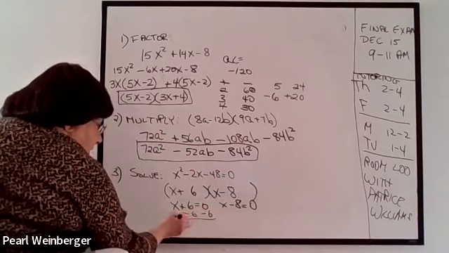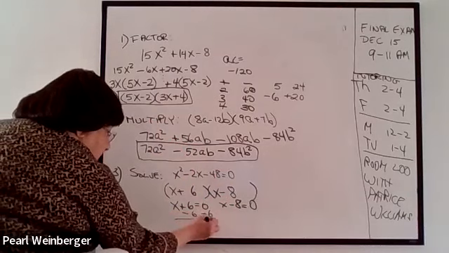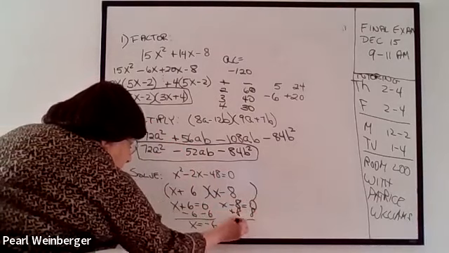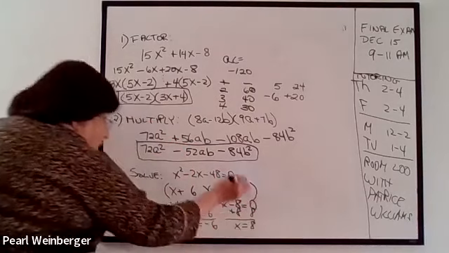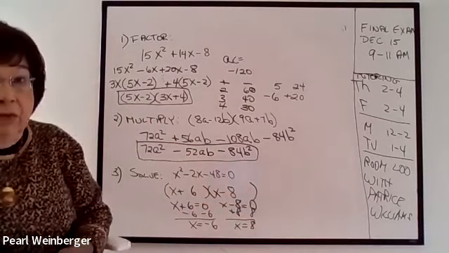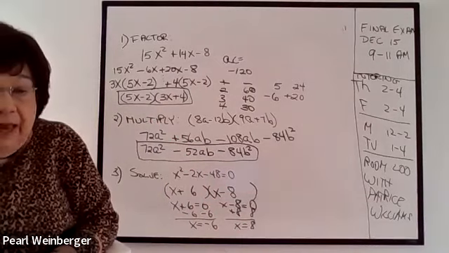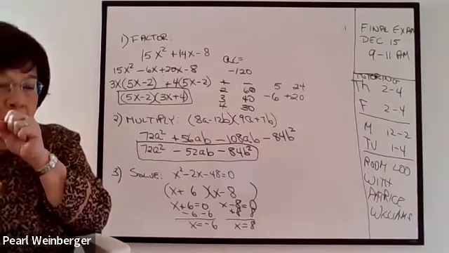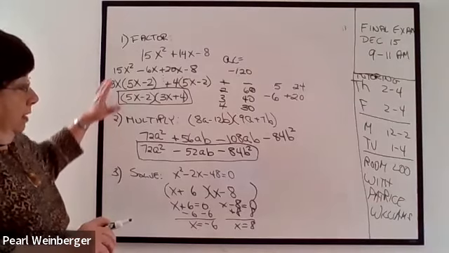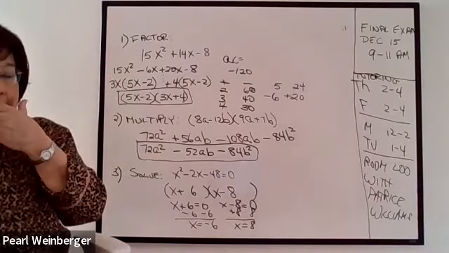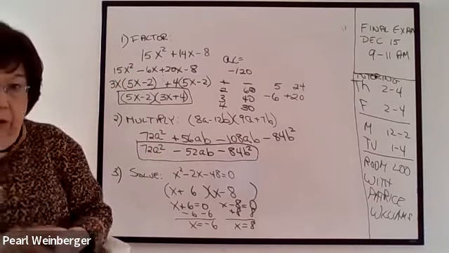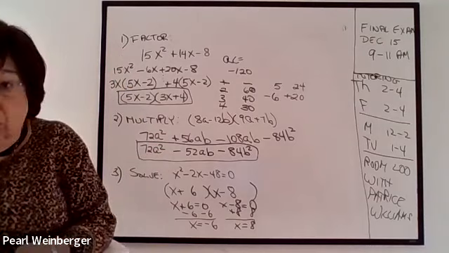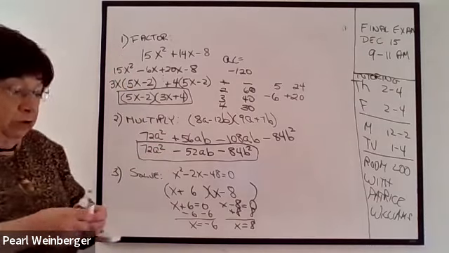So in the first one, I'll get x equals -6. And here I'll add 8, and I'll get x equals +8. When you're solving a quadratic equation, you expect to get two answers. So those are the three questions, which came off of different final exams. These are all regular final exam questions.